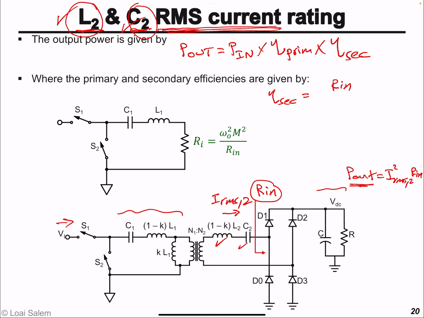That's the useful resistance that represents the power delivered to the output load, the useful power, divided by Rn plus R2, where R2 represents the equivalent series resistance of the secondary coil, plus the equivalent series resistance of C2, in addition to any equivalent resistance for the diodes themselves.